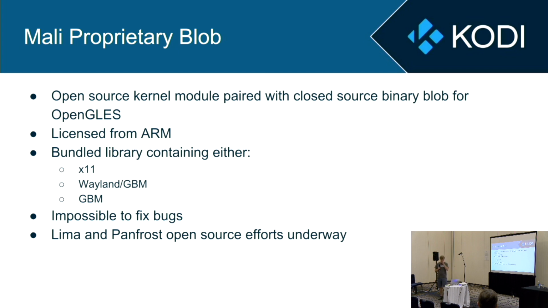So we're sticking with GBM for now. And yeah, it's just difficult to fix any bugs that happen. If you do find something or need something changed or need a different version of the library, because it can be locked to the kernel driver version, you have to go through your vendor to get a new library, and even then you're probably just going to be out of luck.